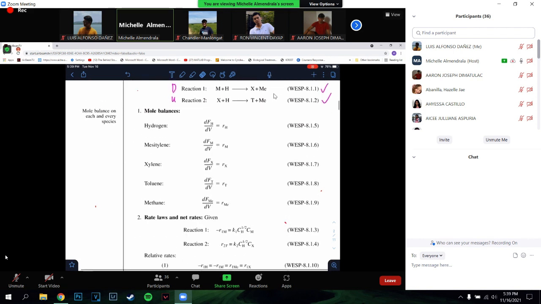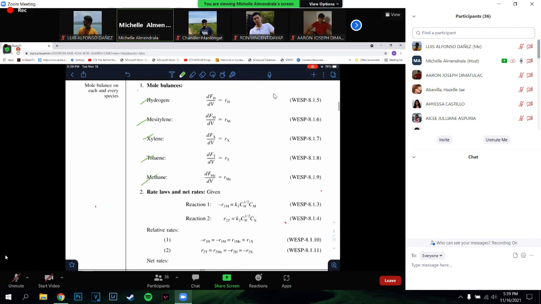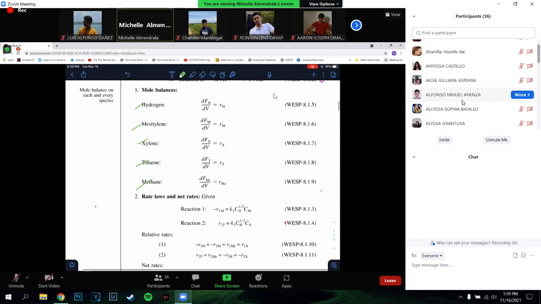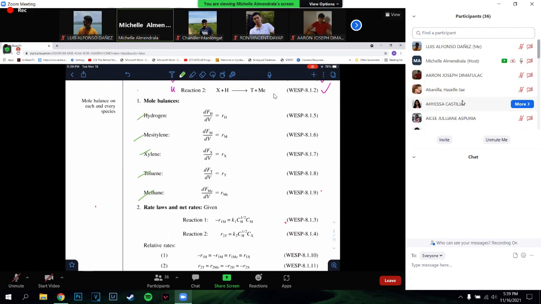So you have how many species here? Hydrogen as reactant, and then two products, toluene and methane. Okay? So that's all of them. So it's like the changing flow rate. So when you have this differential equation, the changing flow rate of hydrogen is always dependent on the reaction rate and the changing volume.